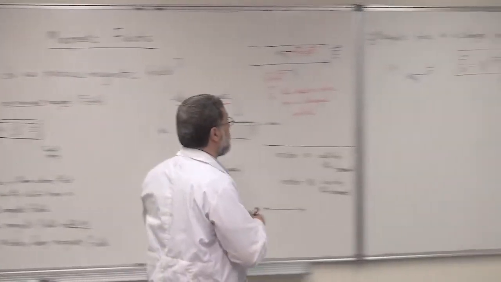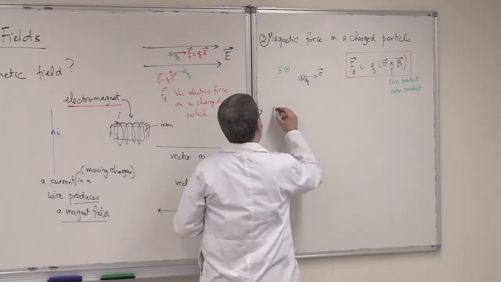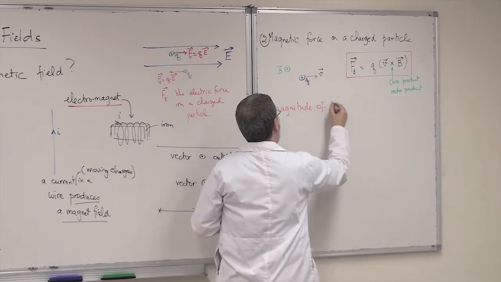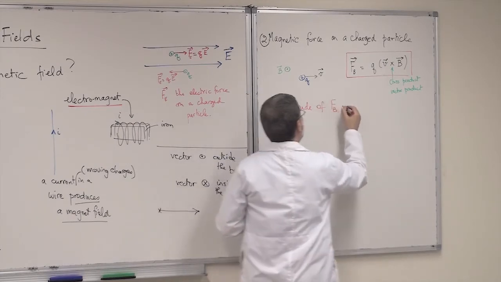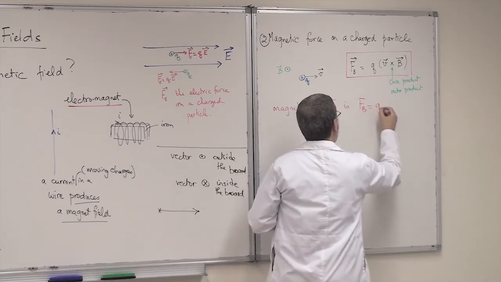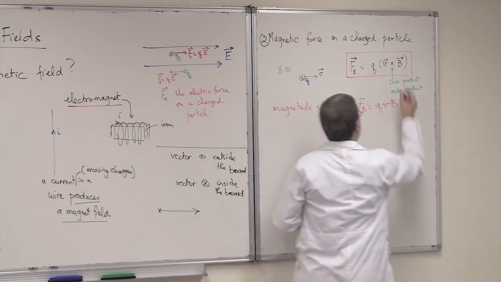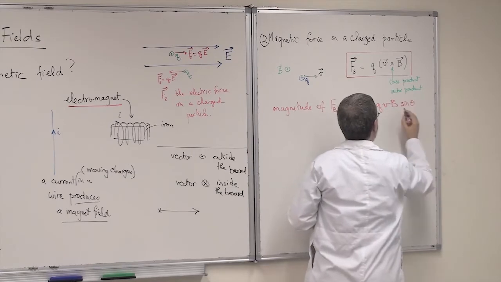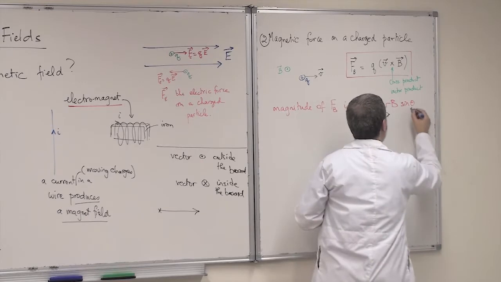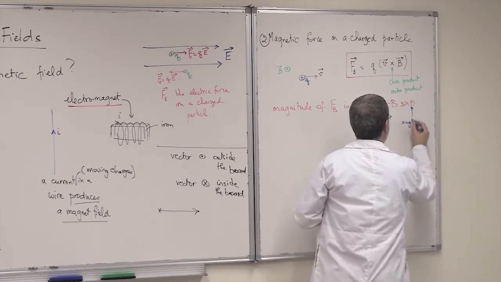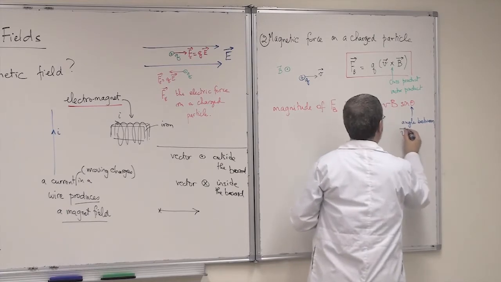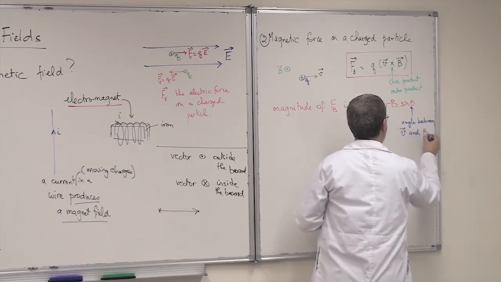So this vector, this force, has a magnitude. The magnitude of F_B is, let's write it down here, q v B. The cross product will give you the sine theta. And this angle theta is the angle between the vector v and the vector B, okay?